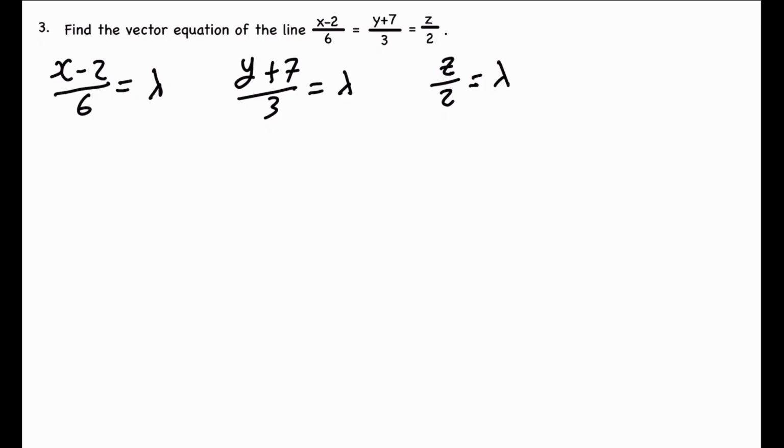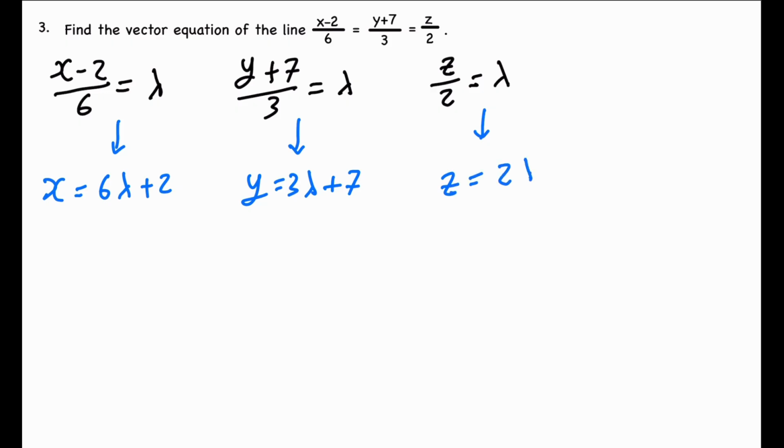And now if we rearrange the equations to make x, y, and z the subject, we're going to get x is equal to 6 lambda plus 2, y is equal to 3 lambda minus 7, and z is equal to 2 lambda.